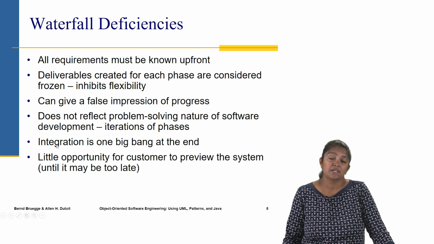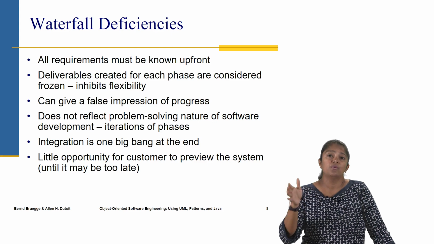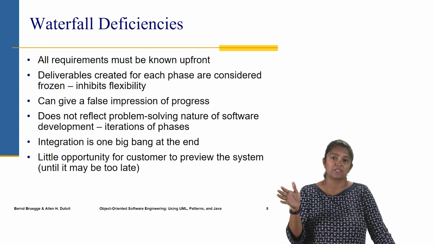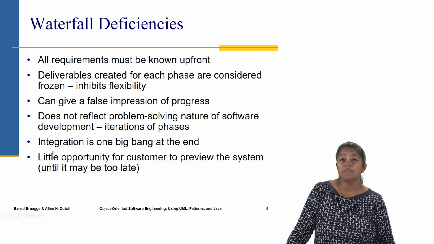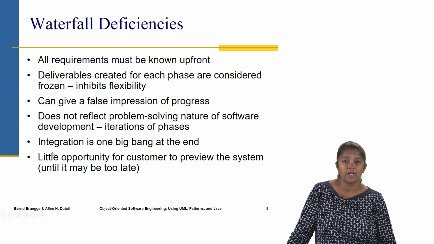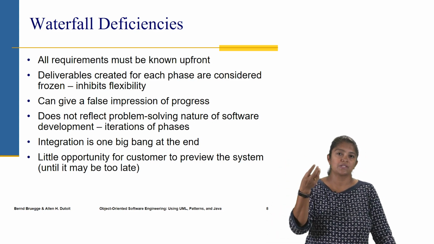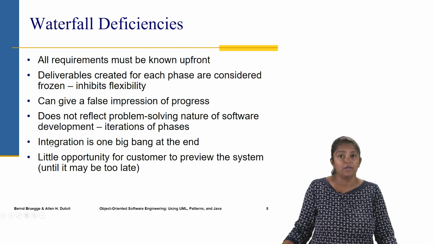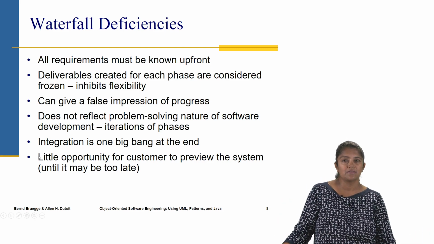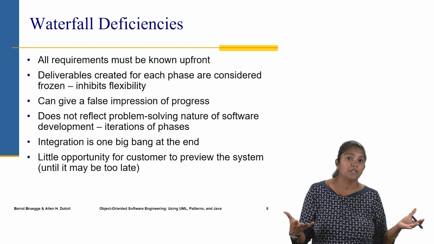All of the deliverables that are created in the previous phase are considered frozen. So there is no flexibility to go back and change something. It can also give a false impression of progress, because when we're done with one phase you move on into the next, so it gives an impression that progress is being made, but it may not necessarily reflect that, because there could be a later phase where most of the work needs to be done.